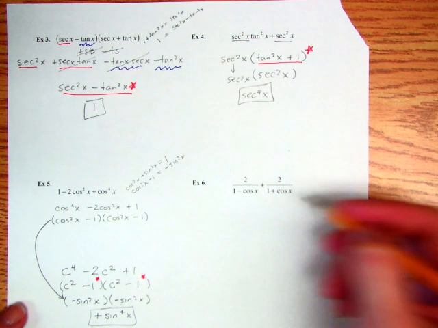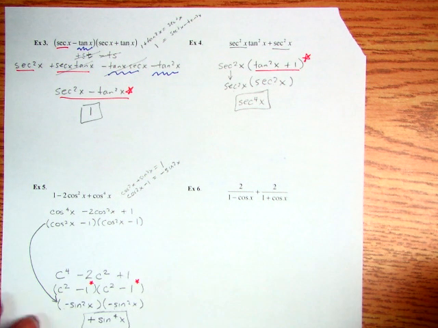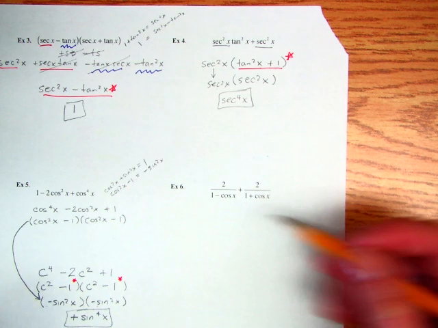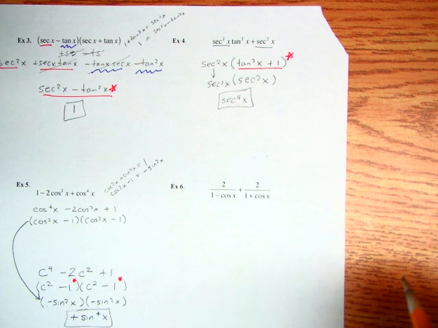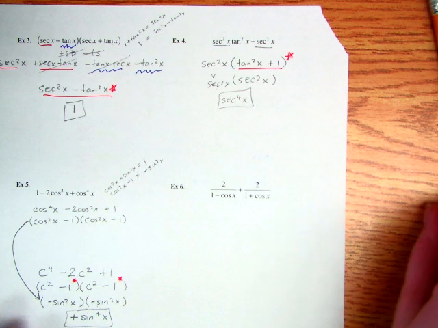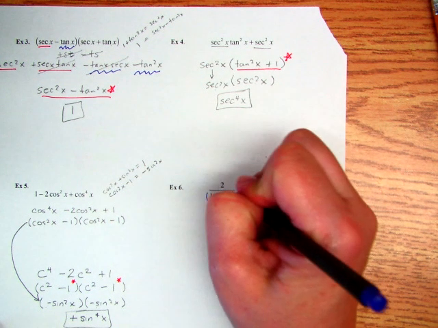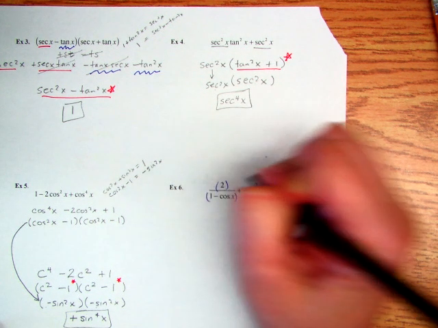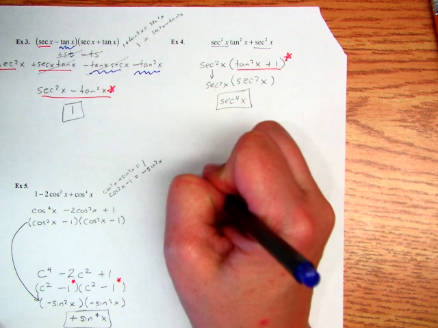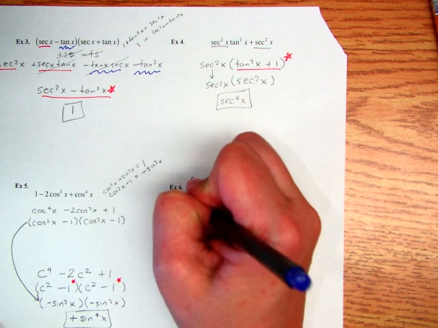In example 6, this is going to be an LCD problem. We're adding two fractions with different denominators. In the first fraction, I'm going to multiply by 1 plus cosine x, top and bottom.